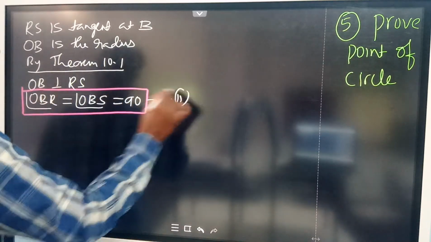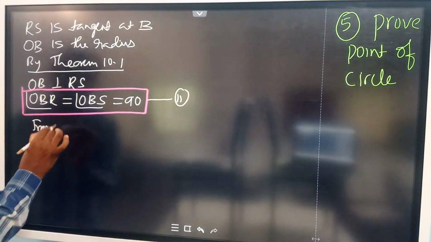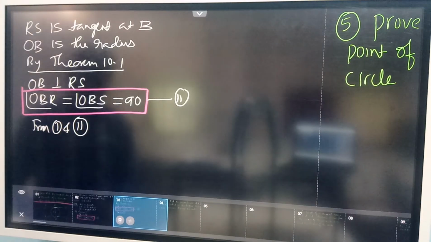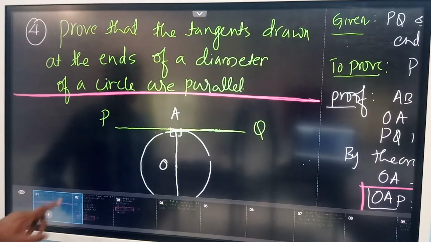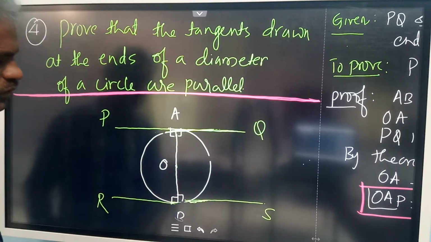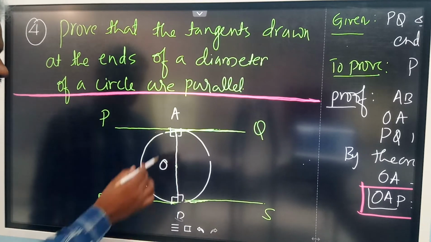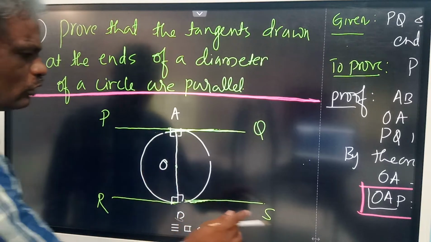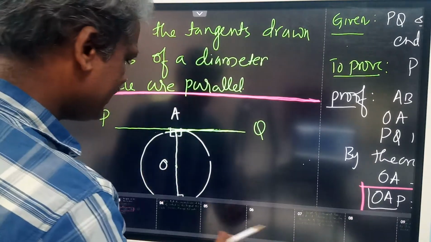So now from 1 and 2, you can compare. See, this is also 90 degree, this is also 90 degree, this is also 90 degree. All the four angles are equal to 90 degree. Now I can write angle OAP is equal to angle OBS. They are alternate angles.